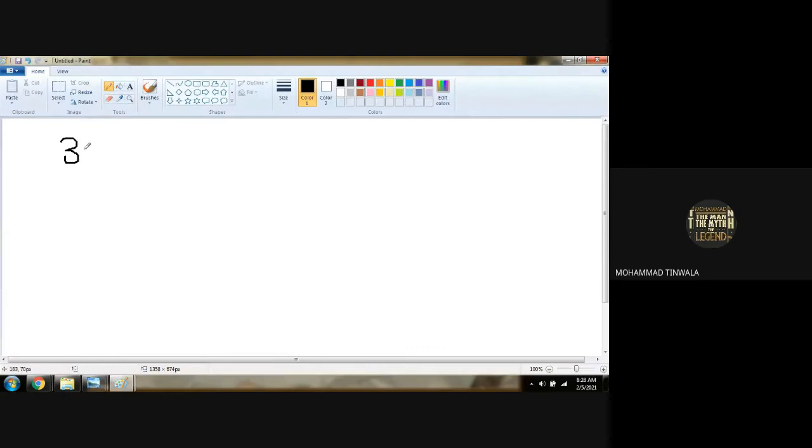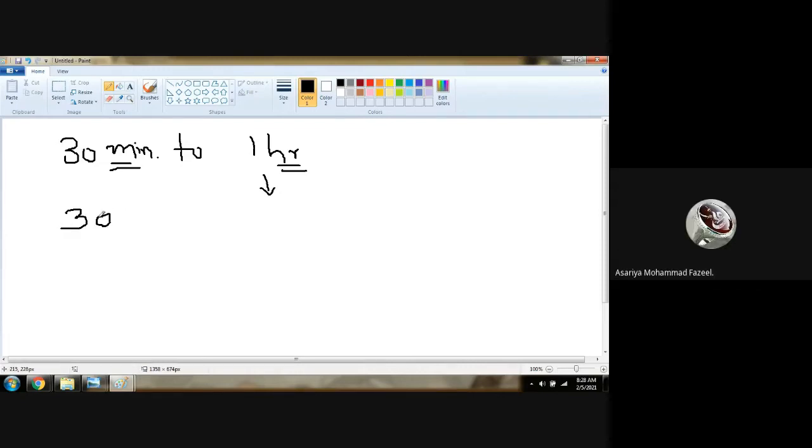It is 30 minutes to 1 hour. Now, the units are different. This is in minutes, right? And this is in hours. So any one of them has to be converted into minutes or into hours. So we will calculate like this: 30 minutes as it is to 60 minutes.